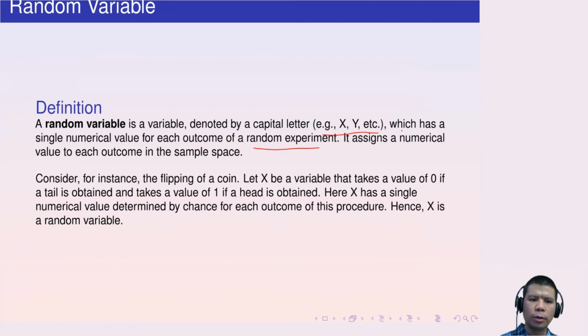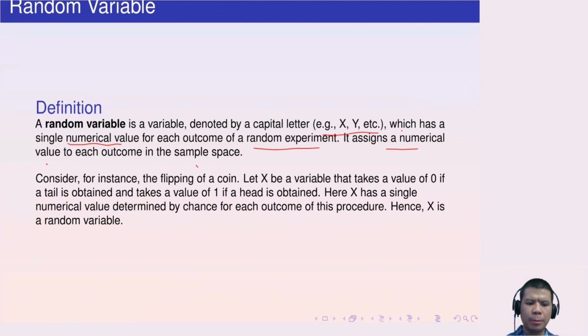If you remember, a random experiment is a process or procedure with more than one possible outcome. So a random variable assigns a numerical value to each outcome in the sample space.